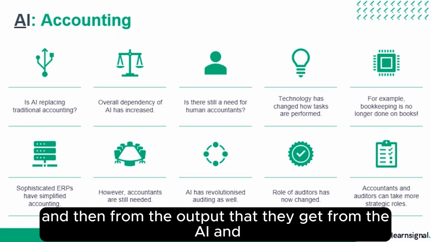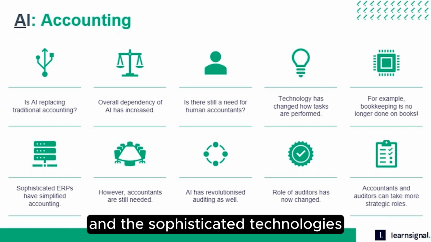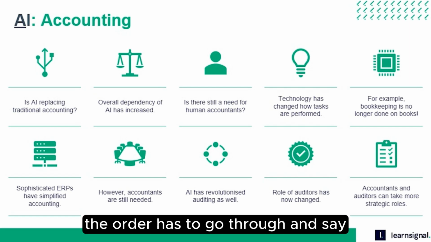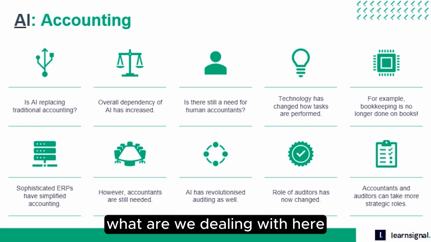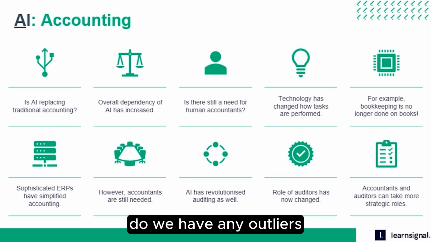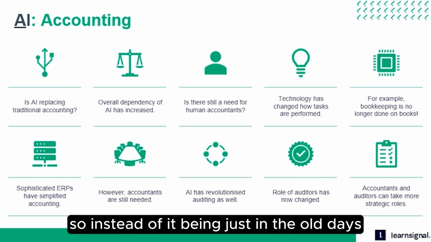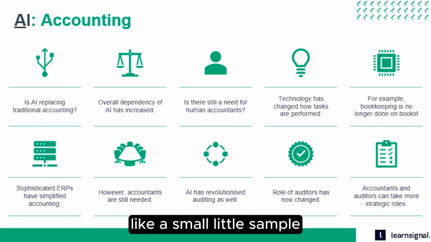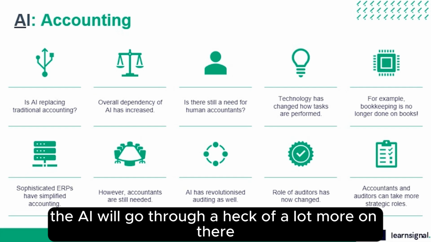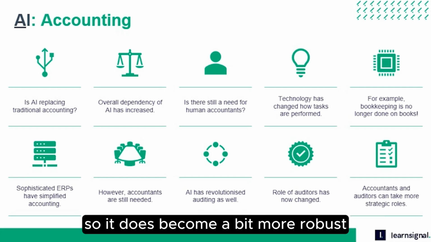And from the output they get from the AI and the sophisticated technologies, the auditor has to go through it and say, what has it analyzed? What are we dealing with here? Do we have any outliers, anything that's material, and anything that we need to dig into a lot deeper? So instead of it being just a small little sample like in the old days, the AI will go through a heck of a lot more. So it does become a bit more robust.